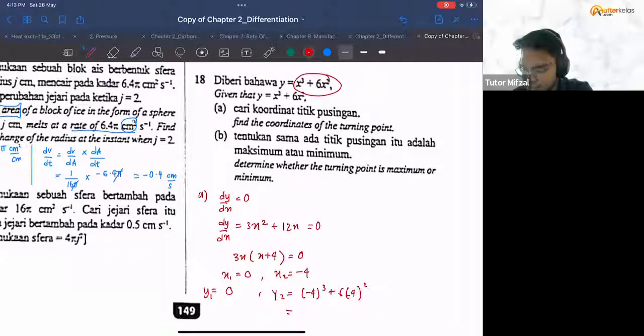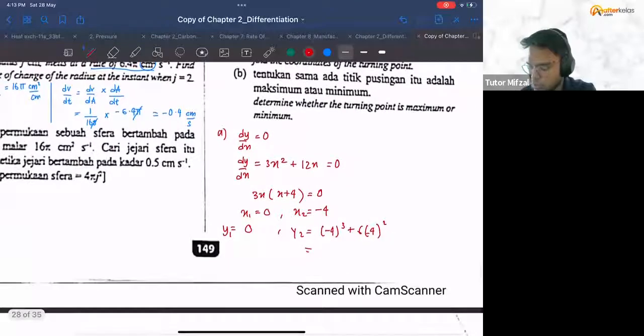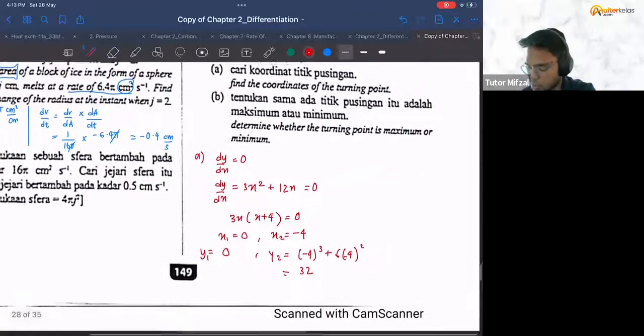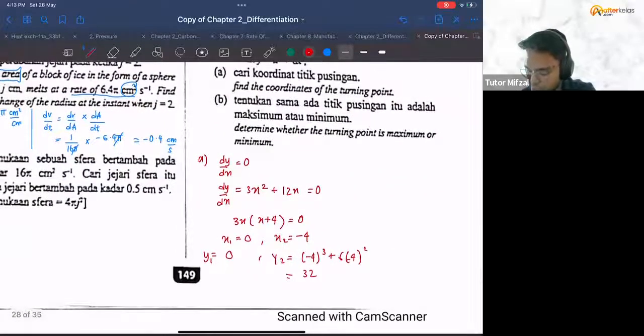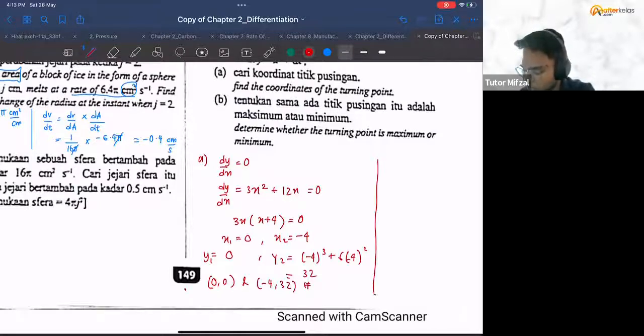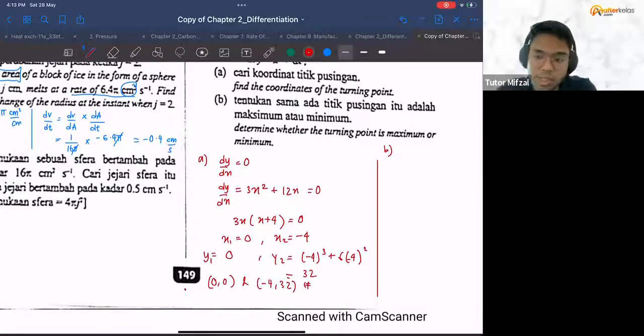Plus 6 times negative 4 squared. So you should get 32 over here. You should get 32. So these are the two coordinates, 0, 0, and negative 4, 32. Okay, so this is for the first question. For the second question, they require us to determine whether your turning point is maximum or minimum.